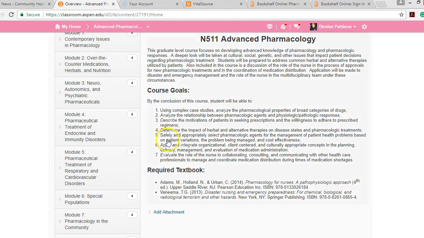So what's important is to analyze the relationship between pharmacologic agents and the physiologic response. Describe motivations of patients in seeking prescriptions and their willingness to adhere to prescribed regimens.